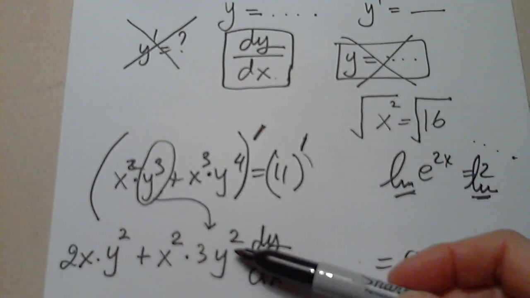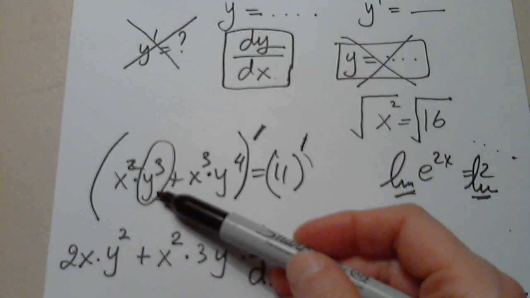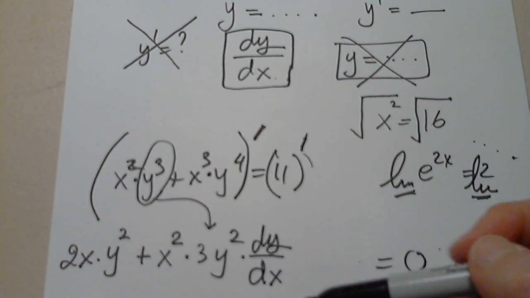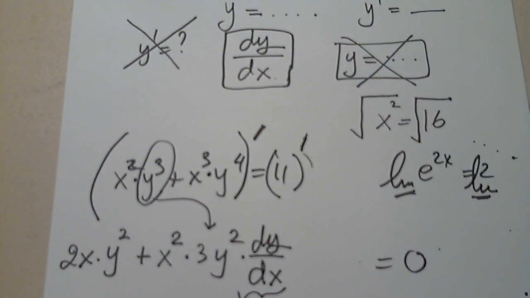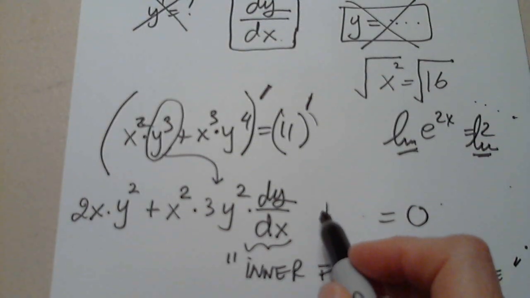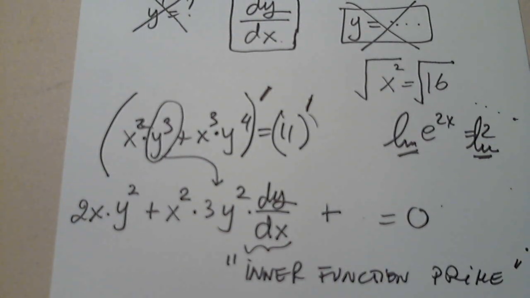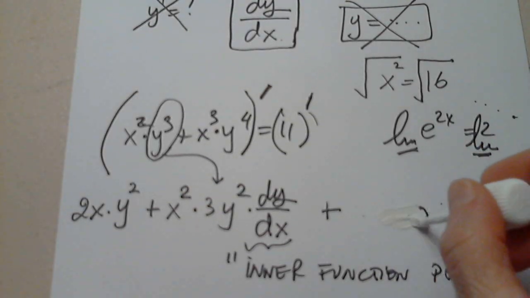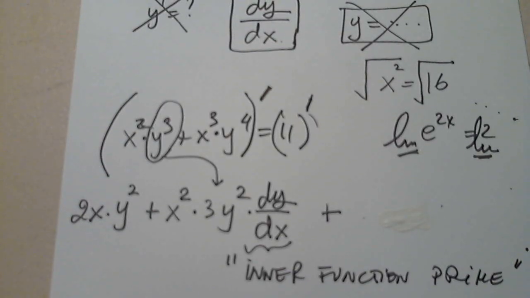I subtract 1 from the power, but because I'm differentiating a function, I have to write times the inner function prime. This is exactly it. Plus, I'm going to erase this because I don't have enough room. So we're going to get 0 on the other side, of course, but not here. Further down my page.